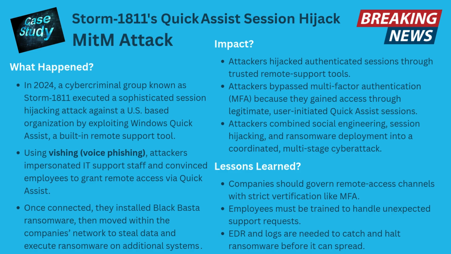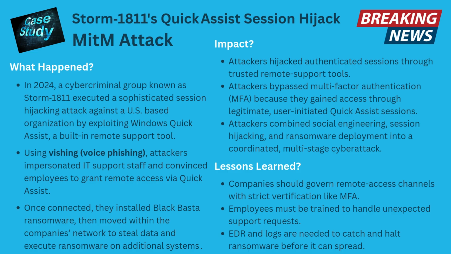In 2024, a cybercriminal group called Storm-1811 used a combination of tactics to carry out a man-in-the-middle style attack. They impersonated IT staff and tricked employees into granting remote access using Windows Quick Assist. Once connected, they installed ransomware and moved laterally across the network, stealing data and causing widespread disruption.